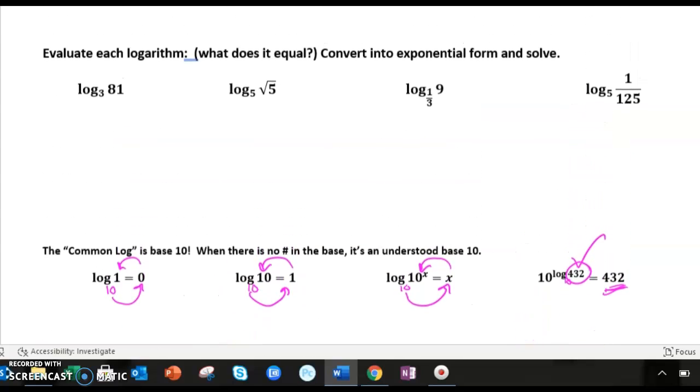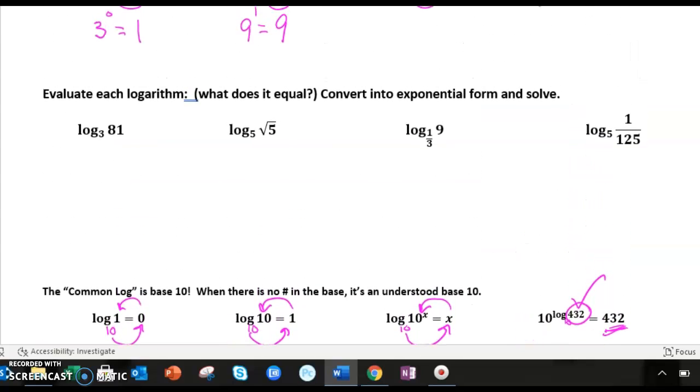Back here, these problems are slightly different. It says evaluate each logarithm. Evaluate means find what it equals. We want to know, what does each one of these equal? Well, let's see if we can evaluate these in our head. This would say 3 to the x power is equal to 81.